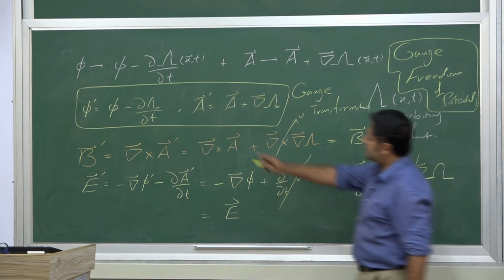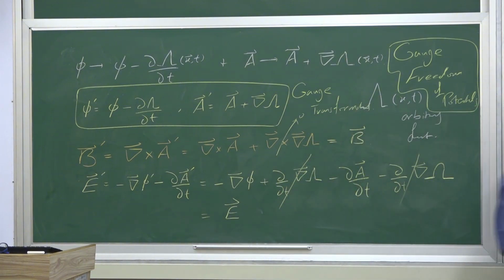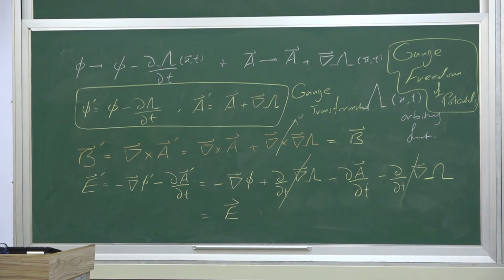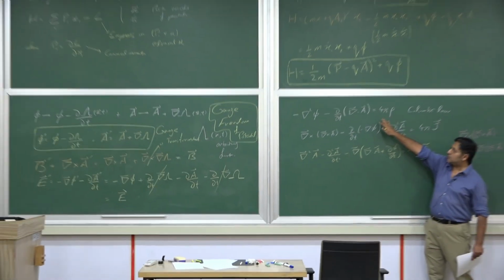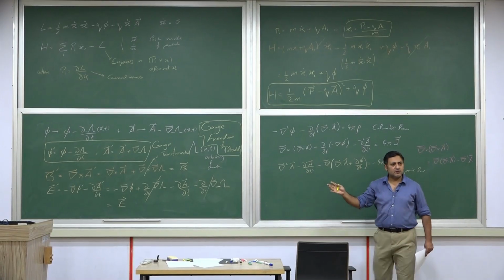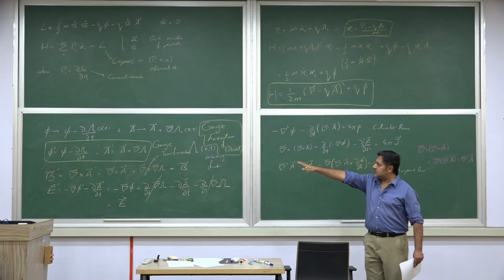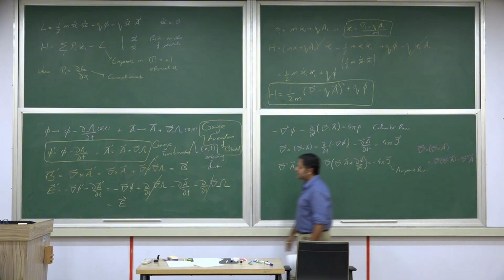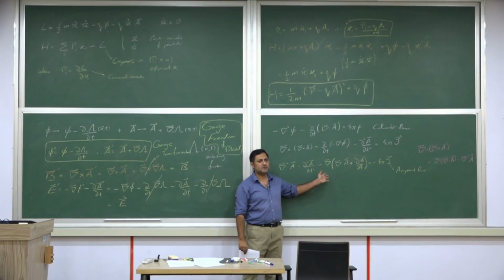Out of all these various phi's, which one I pick, my physical fields do not depend on them. And you can also show that these laws, which I wrote for the dynamics of A and phi, are also gauge independent in the sense that if I shift my gauges, the new fields are going to satisfy exactly the same equations.